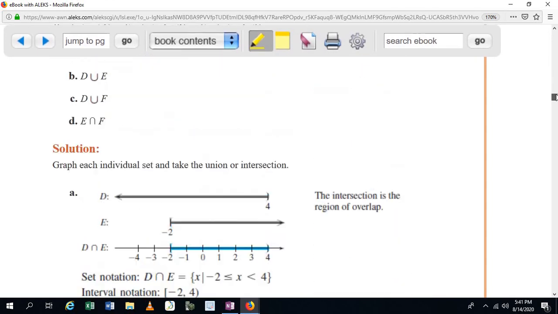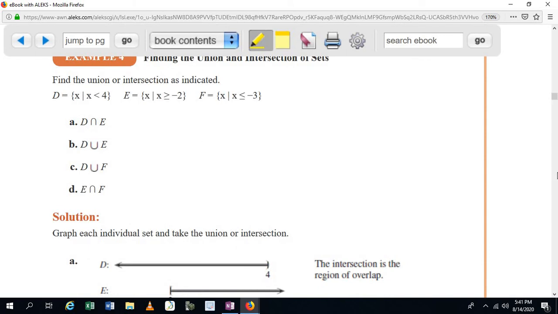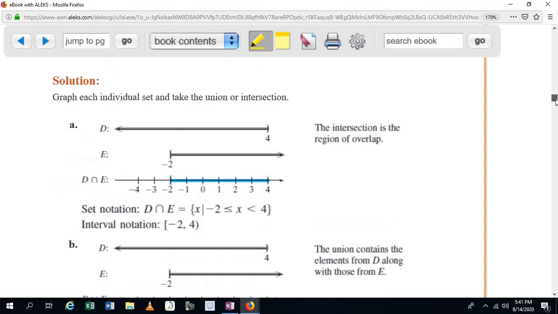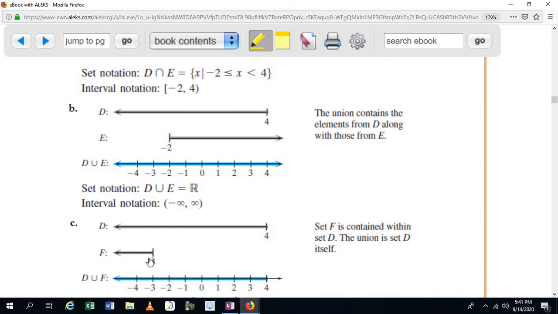Okay, C is D union F. Okay, so we already know what D looks like. F is the set of all x values such that x is less than or equal to -3. So that's everything below -3, including -3, so that we get a brackets. And we want the union of those two sets.